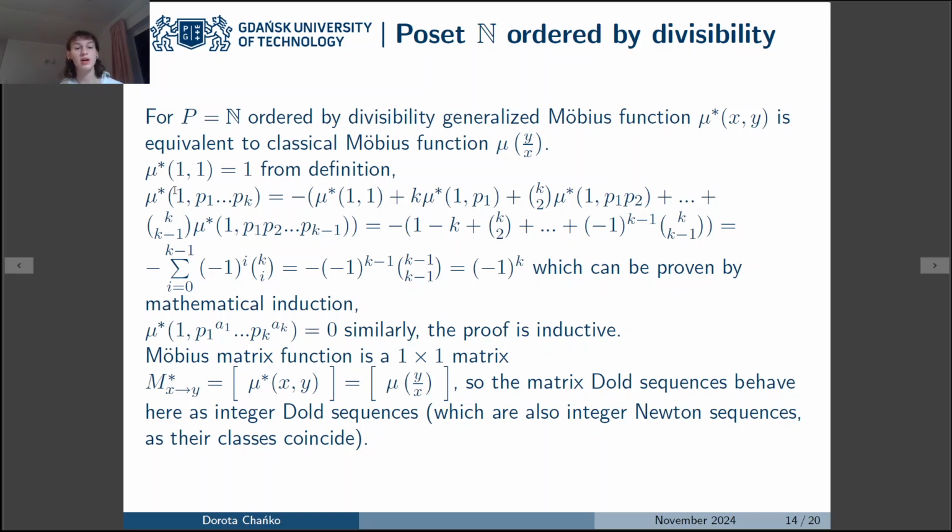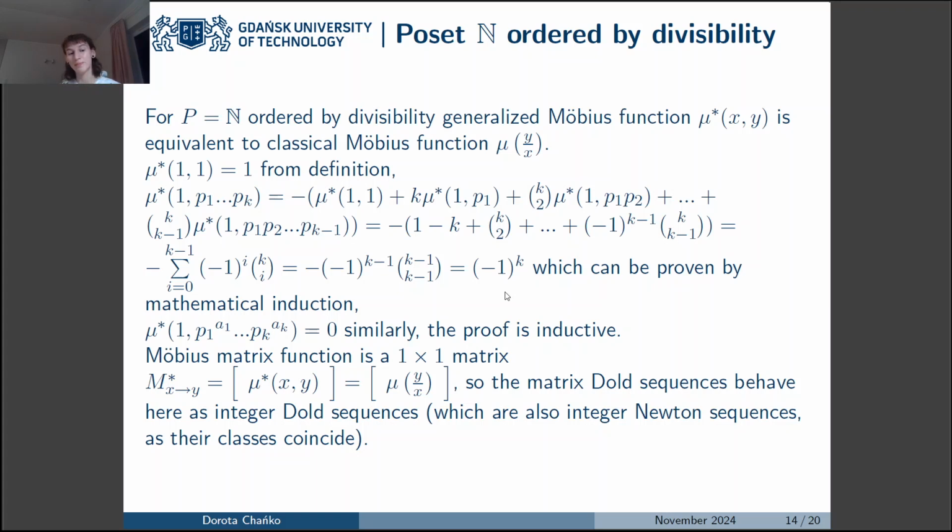For example, mu star of 1 and the product of k different prime numbers is equal to (-1) to the power of k, which can be proven inductively. And also mu star of 1 and some number that is equal to the product of prime numbers taken to powers greater than 1 is 0, and similarly it can be proven inductively.